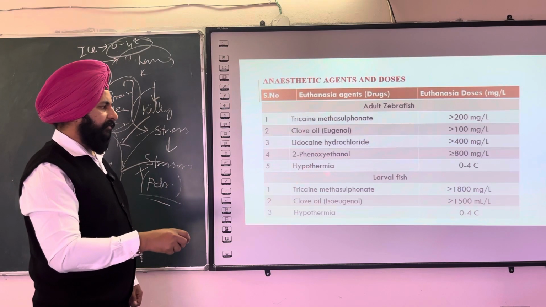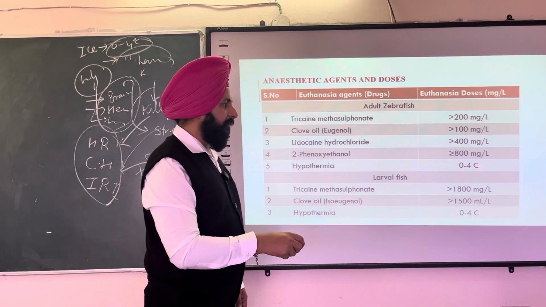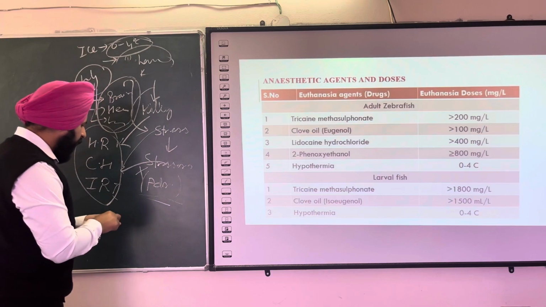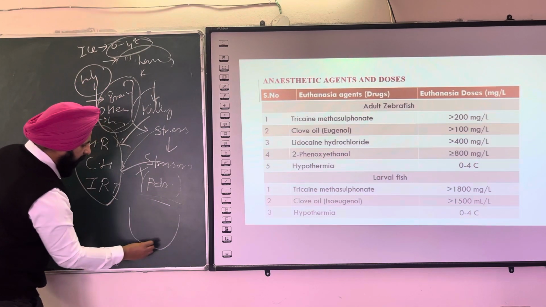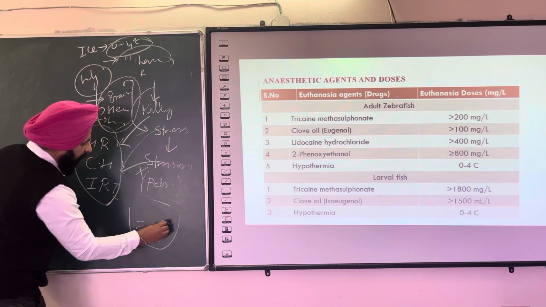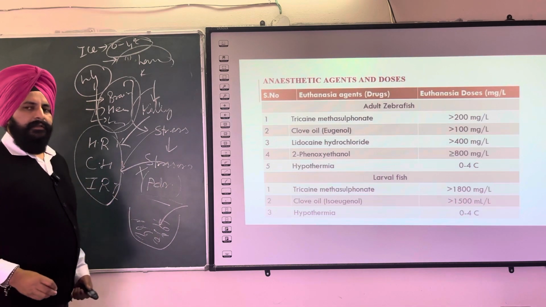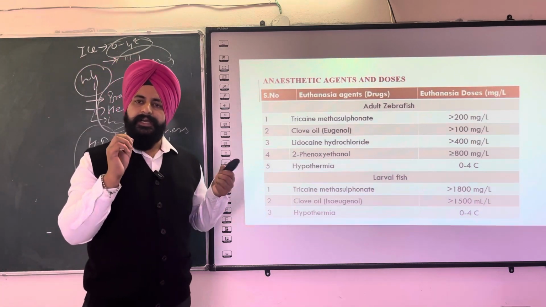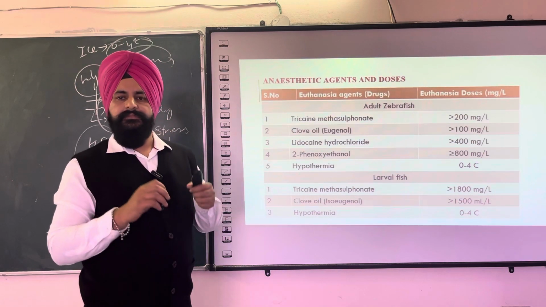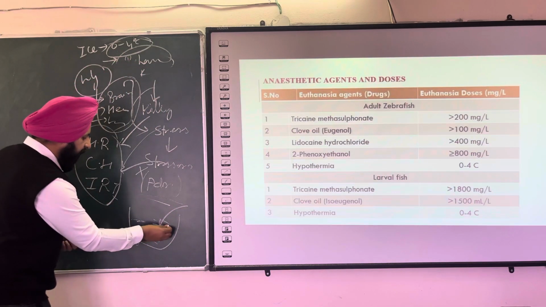And the fifth is hypothermia. Hypothermia means you keep the zebrafish in ice cold water. Take a beaker and put some ice in it. Once the ice has liquefied and liquid is present, you put one zebrafish there, and you will see that due to hypothermia within 4, 5, 10 seconds your zebrafish will start to freeze, and you will easily get the anesthesia.